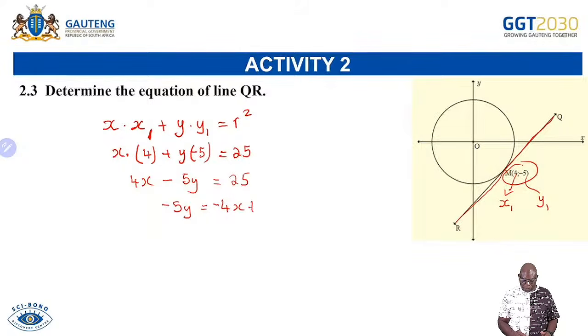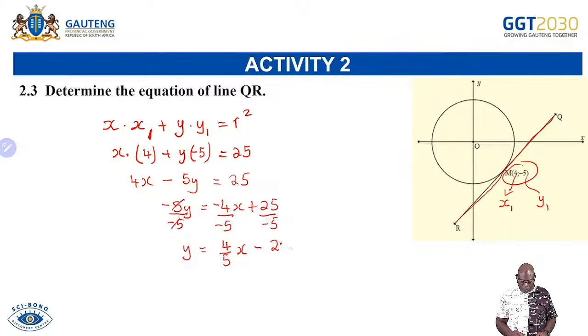Minus 4x plus 25. I need the y on its own. Divide everything there by -5 to get the equation. Then this will give us y equals negative, divide by negative, it's positive. Negative by positive, it's negative. 25/5.